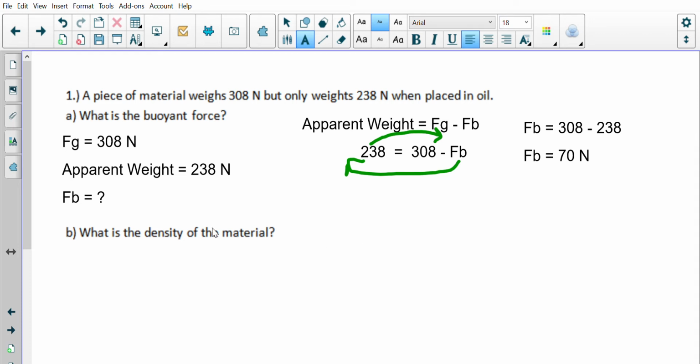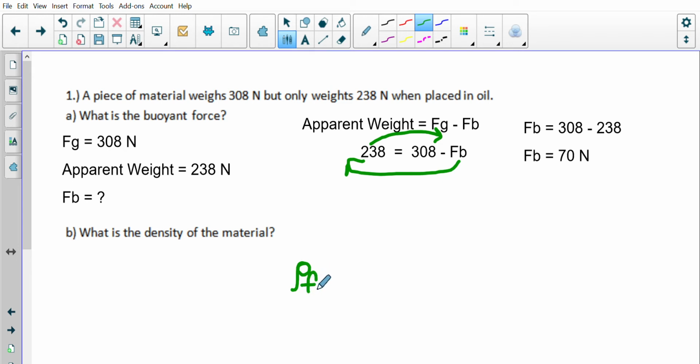Now we get to the next part. It says, what is the density of the material? Well, we have that other formula, where rho F, the density of the fluid, times Fg is equal to rho O, the density of the object, times Fb.